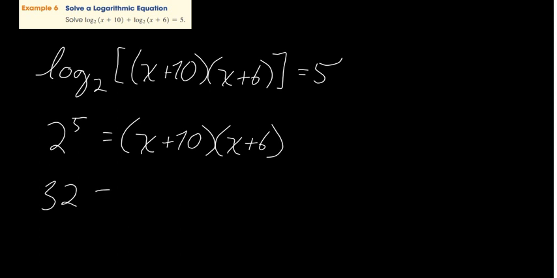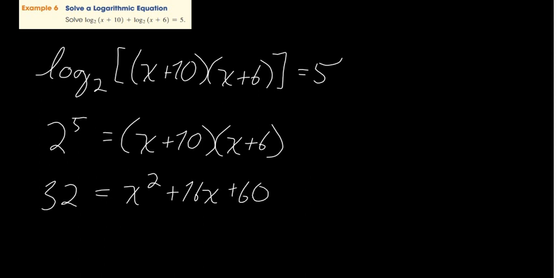And then we will FOIL this right side out. So we'll have x squared, and then 6 and 10 gives me 16, so plus 16x, and then plus 60.